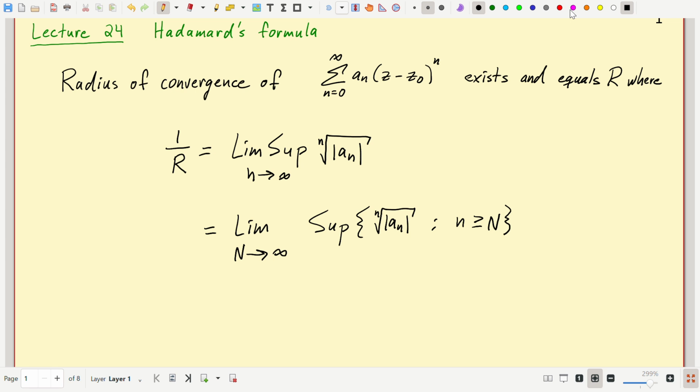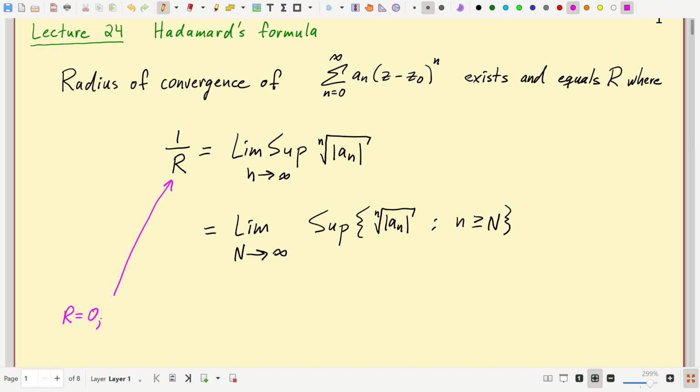So the famous formula is that the radius of convergence exists and equals r, where it satisfies this identity: 1 over r is the lim sup of the nth root of the modulus of the coefficient a_n. Kind of hard to believe. And r equals 0 and r equals infinity are allowed in this formula. When r is 0, that means the lim sup is infinite.